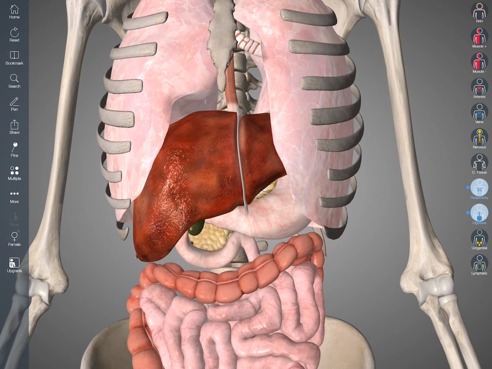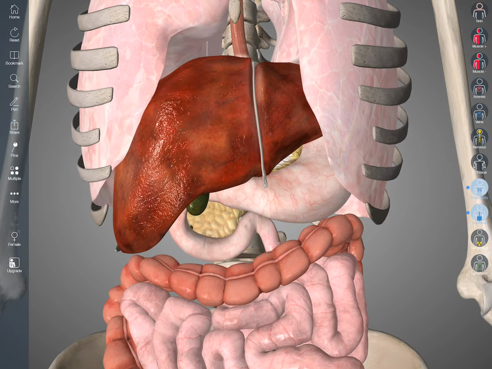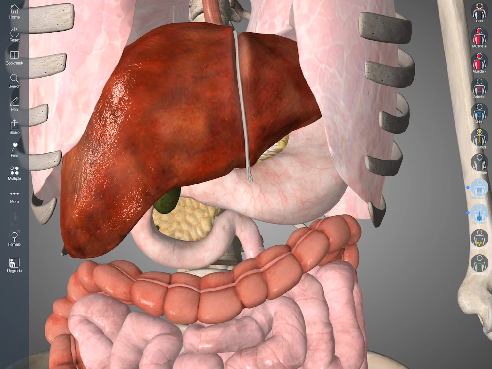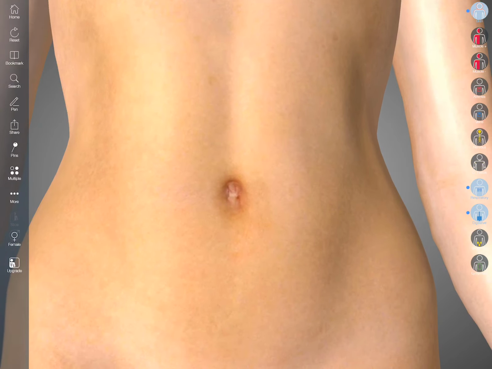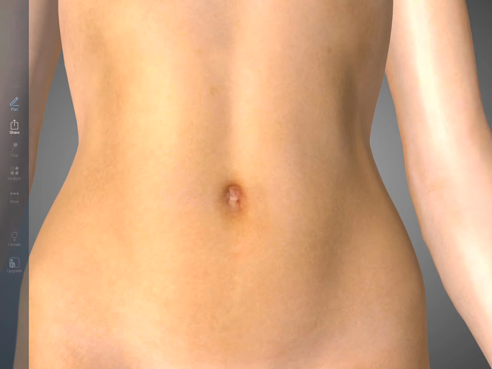Then we're going to go ahead and go into our abdominal area. For the abdominal area, we're splitting the abdominal into the 4 quadrants. So this is going to be the upper right, upper left, lower right, and lower left.